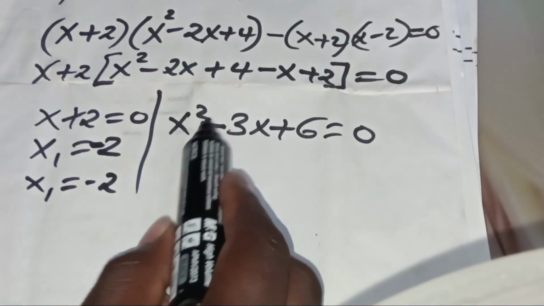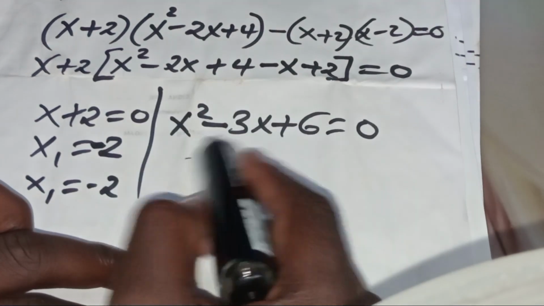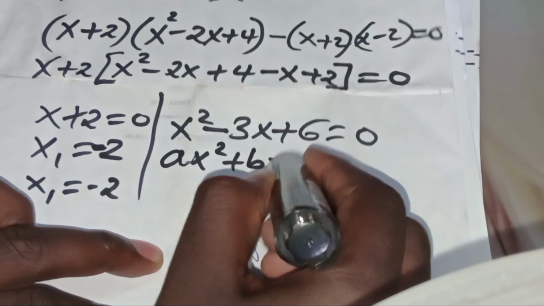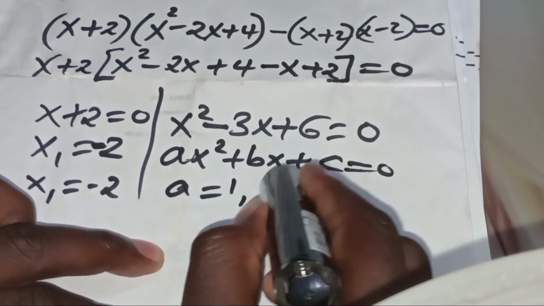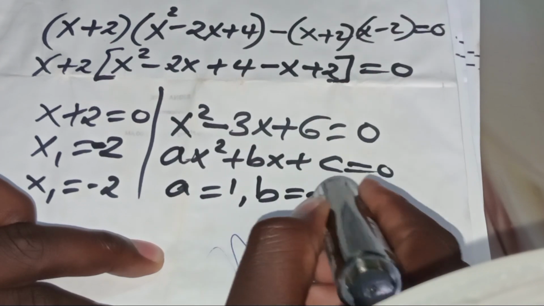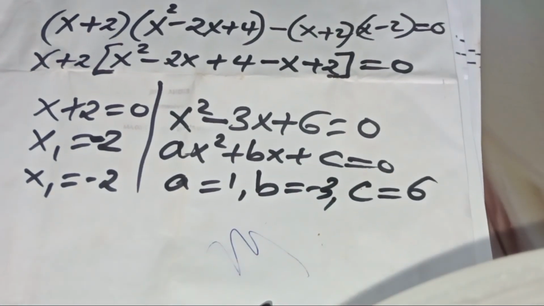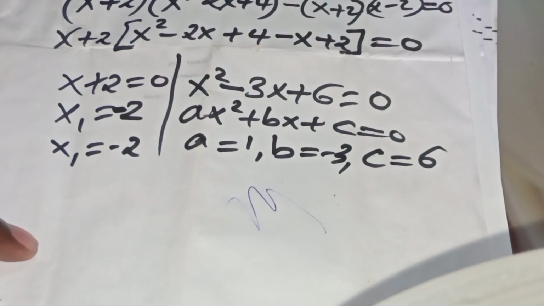Now, we have x squared minus 3x plus 6, which is a quadratic equation in the form of ax squared plus bx plus c. So that means that a is equal to 1, b is equal to negative 3, and c is equal to 6, okay? So let's apply the quadratic formula so that we can determine the corresponding complex values of x.